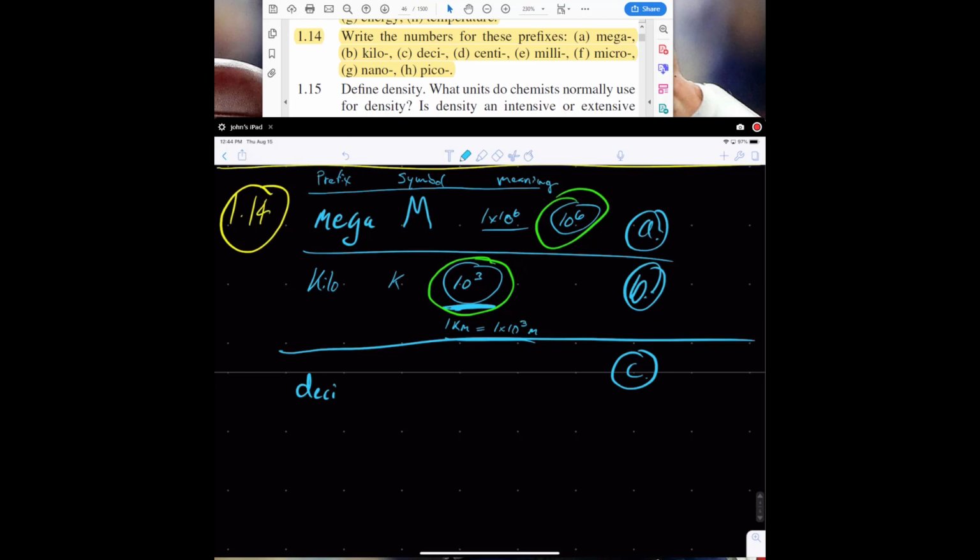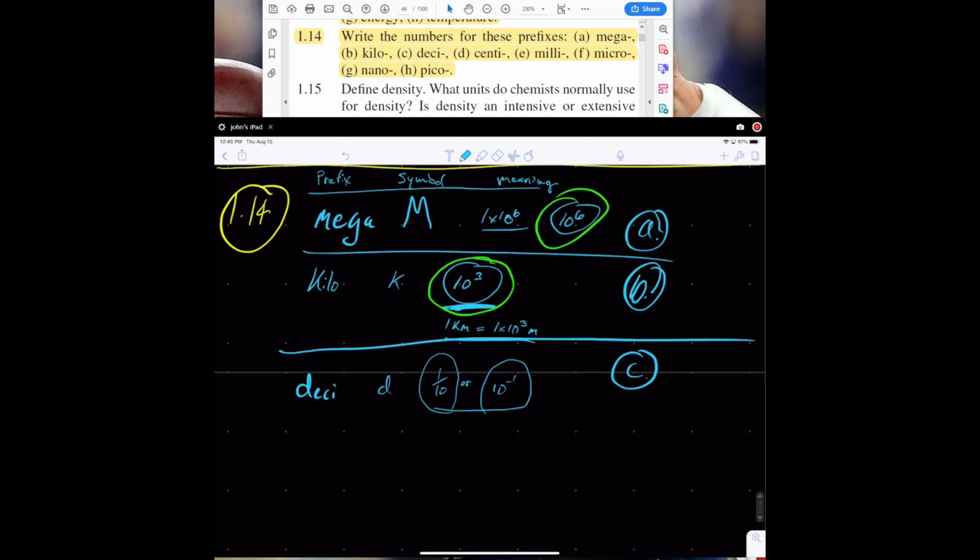So the answer would be, at first, the symbol is lowercase d, and the number for deci would be 1 over 10, or 10 to the minus 1. Just remember, it's 1/10 of the base unit.